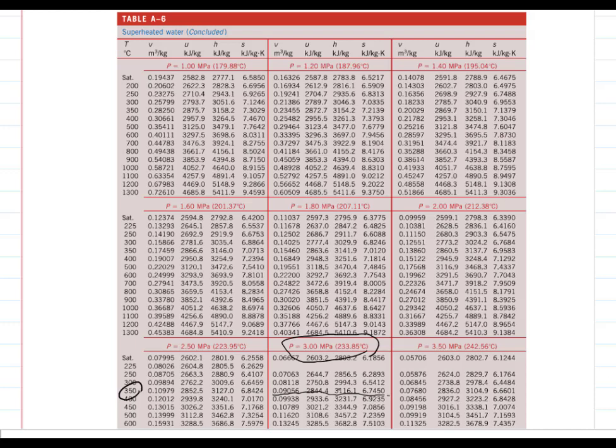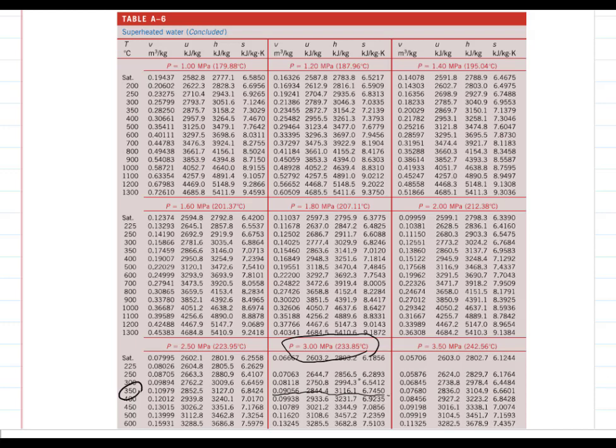So here H, or enthalpy, is 3116.1 kilojoule per kilogram, and also we have entropy in state 3 with this condition, which is 6.7450 kilojoule per kilogram Kelvin.